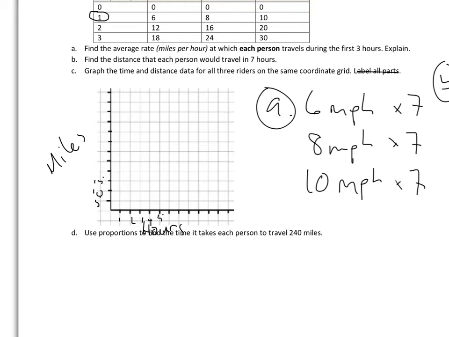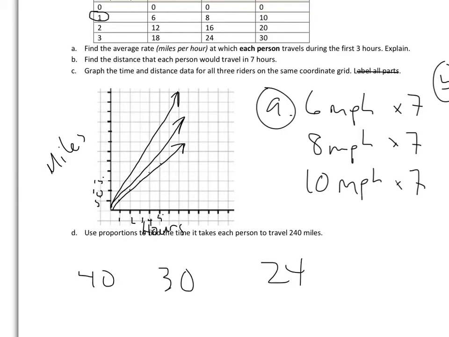And when graphing these, I would graph that 1 and 5. This would be Jose. Mario was a little faster, and then Melanie was a little faster than that. And then for part D, your answers were 40 hours, 30 hours, and 24 hours.